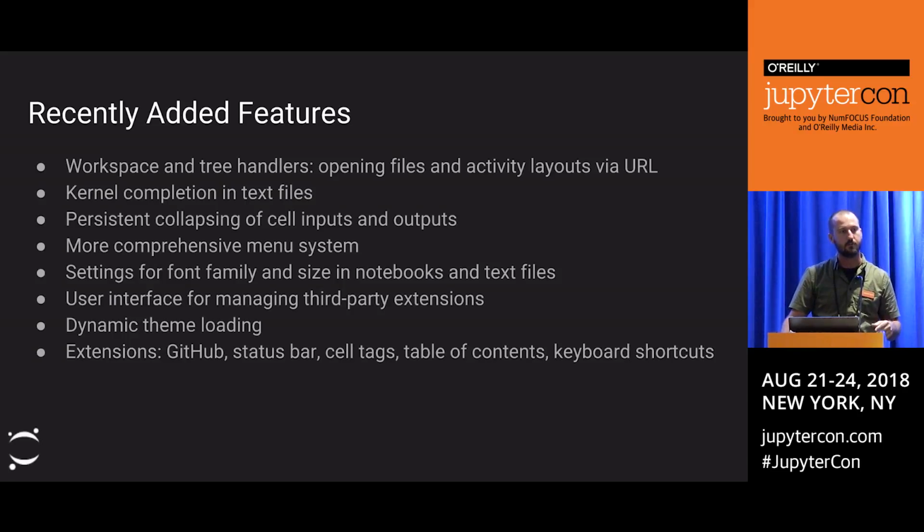Before, you had to install, uninstall and remove extensions from the command line only. We now have an experimental extension that allows you to do that from the UI of JupyterLab itself. Dynamic theme loading, and then a bunch of new extensions that are third-party extensions insofar as they're not included in the core distribution of JupyterLab, but they're core supported insofar as they're part of the JupyterLab organization.